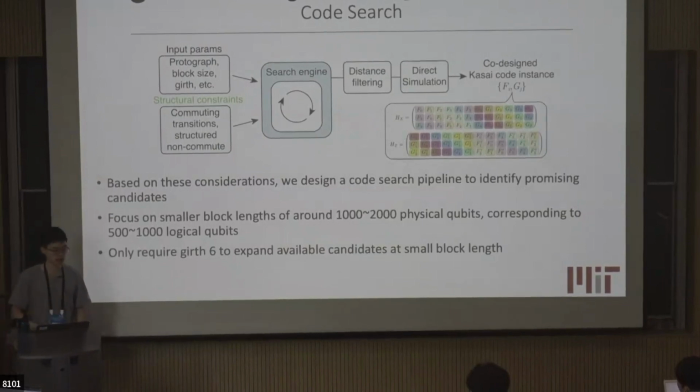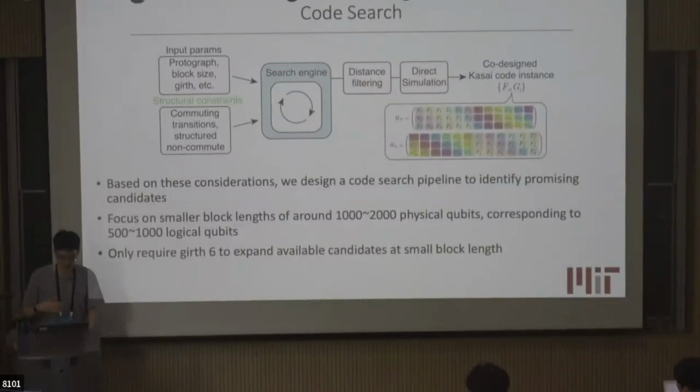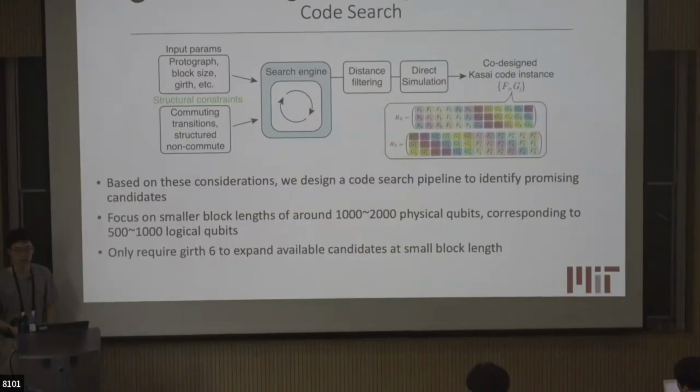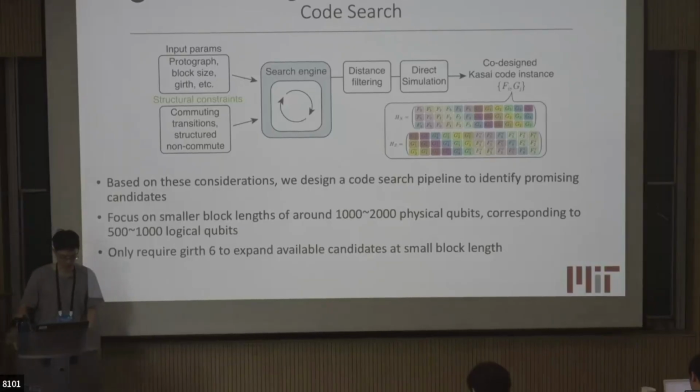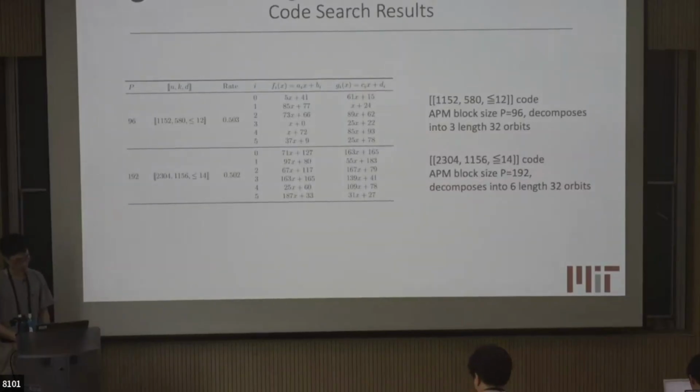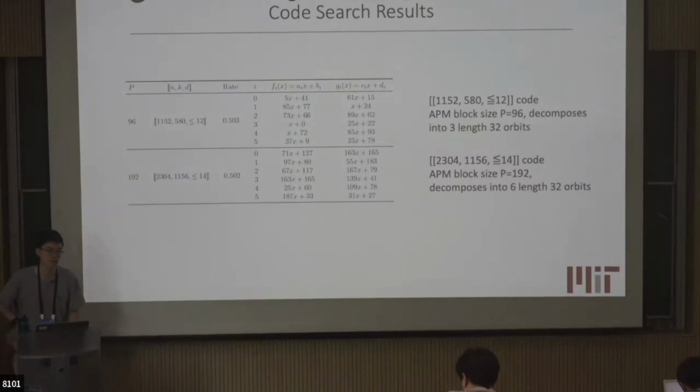We generate candidates, filter them based on the distance, further verify them based on simulation, and co-design instances of these codes that have good properties. We primarily focus here on a little bit smaller block lengths of around 1,000 to 2,000 qubits, corresponding to 500 to 1,000 logical qubits. And so here are the code instances that we primarily focus on in the paper.